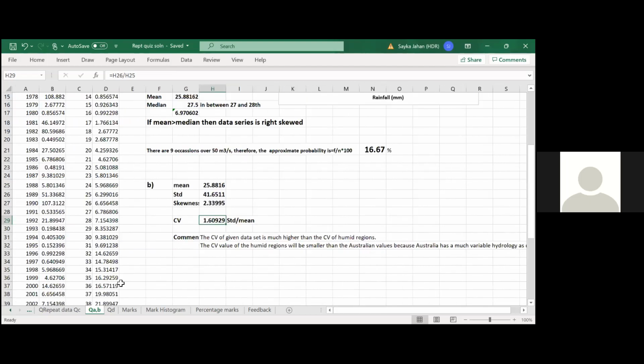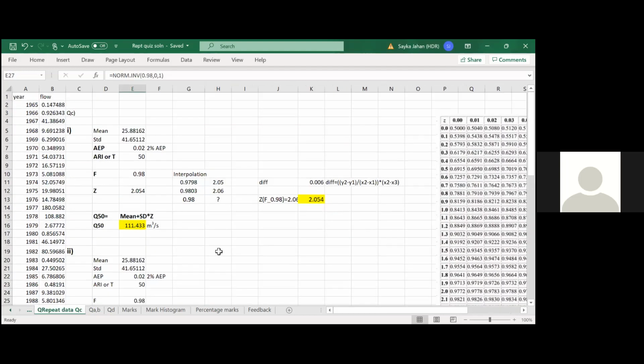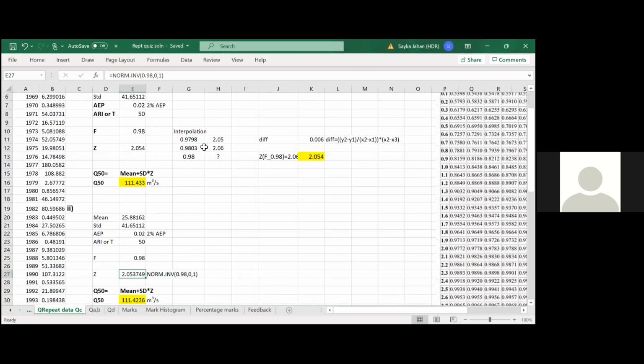Now I'm going to question C. Here you are supposed to estimate the Q50 from 2% AEP, and the return period will be 50. Some of you made the same mistake as before: you didn't calculate the T values properly, so it became wrong. The F value will be 0.98, and then we have to do the interpolation.